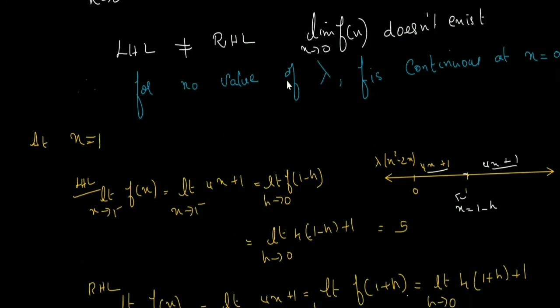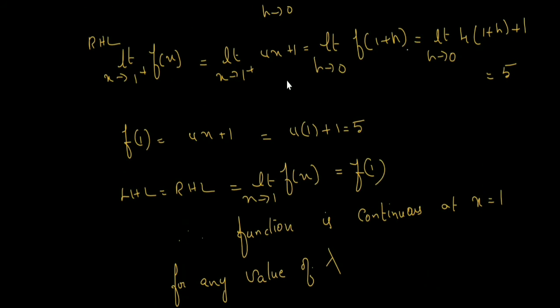So f of 1 is 4x plus 1 with x is 1, which is 5. So the left hand limit is equal to the right hand limit. That means the limit as x tends to 1 of f of x exists, and that is also equal to f of 1. The limit value is equal to the value of the function. Therefore, the function is continuous at x is equal to 1.